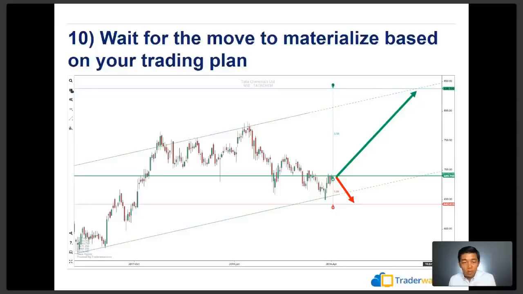So these 4 things can be applied regardless of what kind of trading strategy you have. In this case, I'm just showing you how to apply them in a pullback trading strategy. All right, so I hope this 10 step process gives you some insight into how I look at a pullback trade and how I take a step-by-step approach towards executing a pullback trade in this particular example.